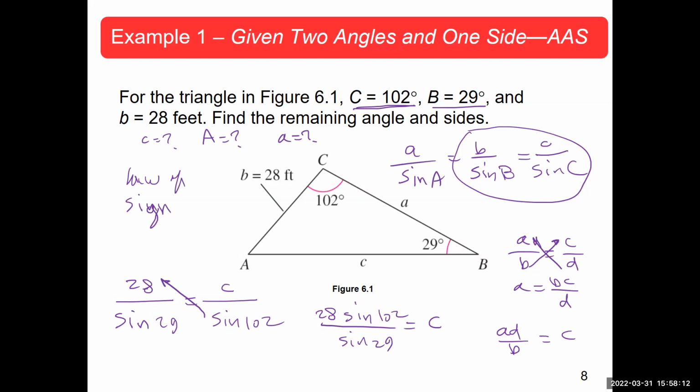Don't need cross product, just move the one you want. Whatever your calculator does, I think you type the number in, sine, divided by sine, multiply by 28, you should get the length. Let's see how much it is.